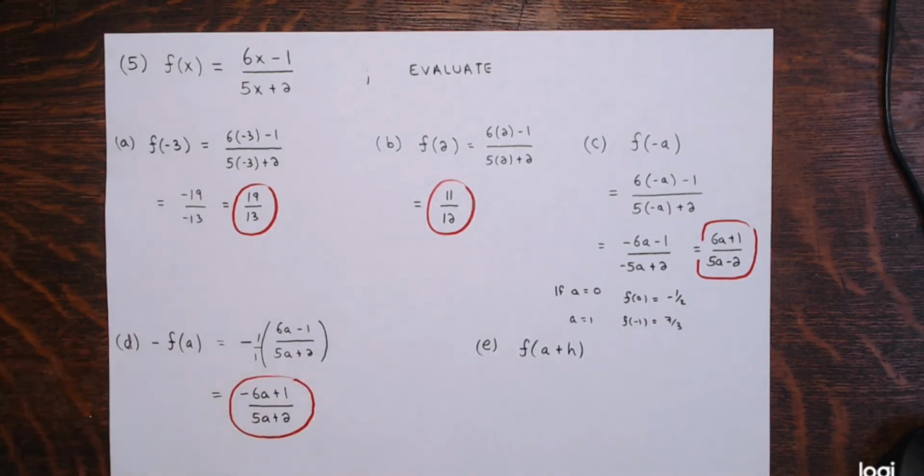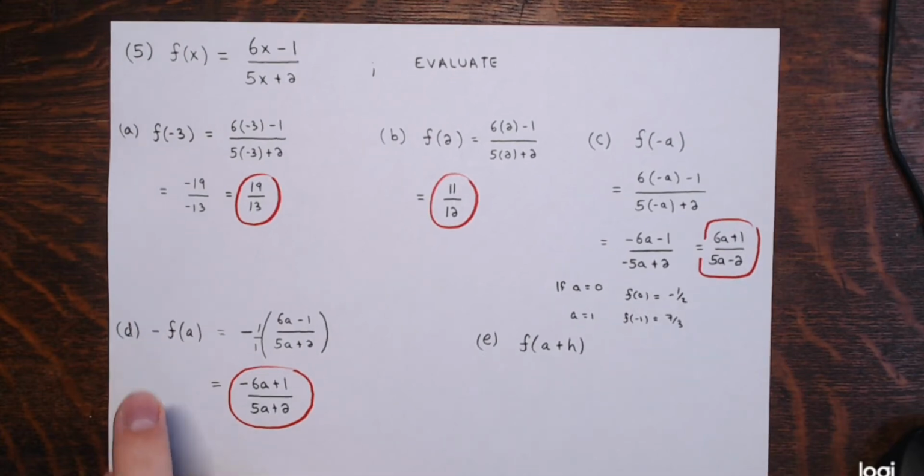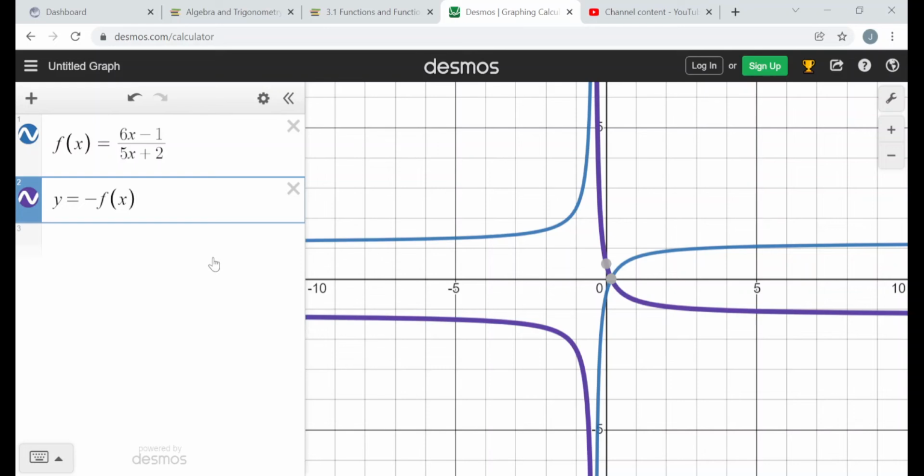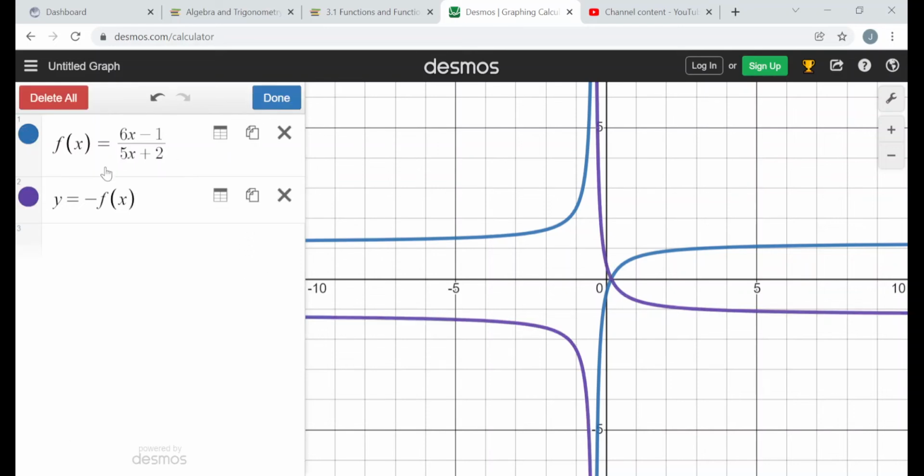Now again, plugging in values of a here will correspond to points on the graph of the opposite of f, a new function. So back on the Desmos site, if I put in y equals the opposite of f of x, look at that graph. Now let me change the color so it's a little more contrasting. Make it red or something. And you see this red graph and blue graph.